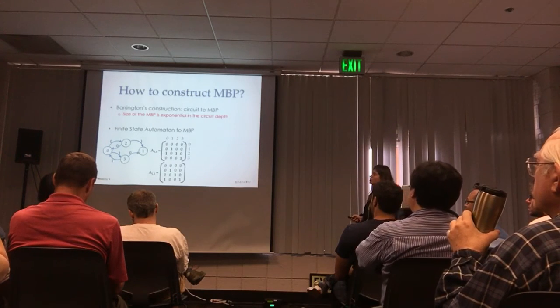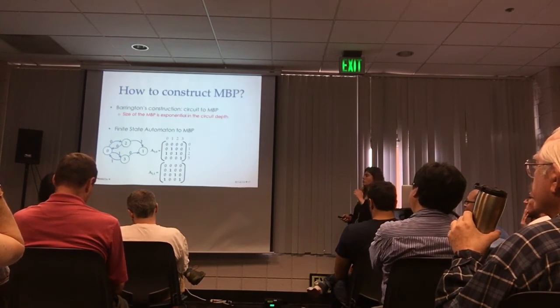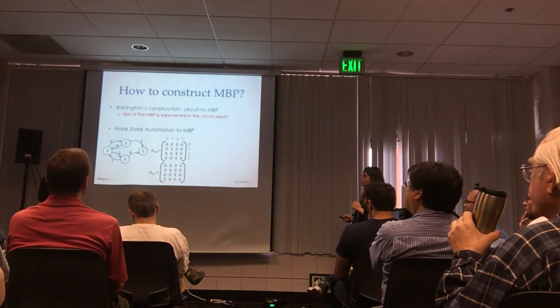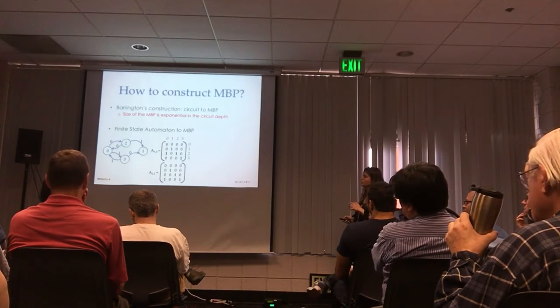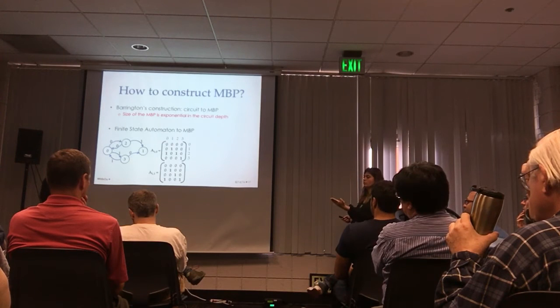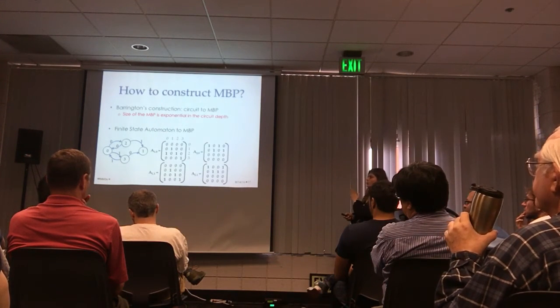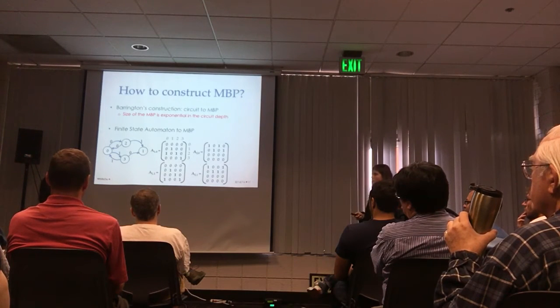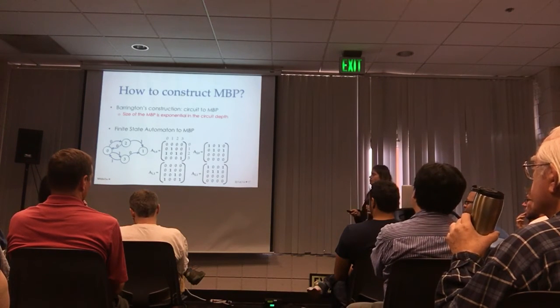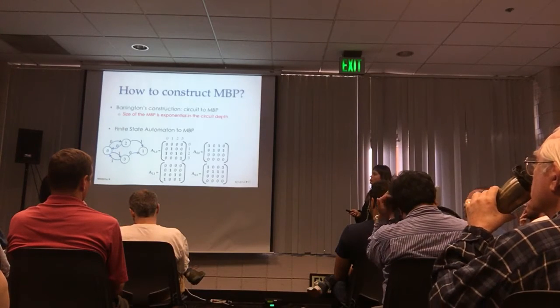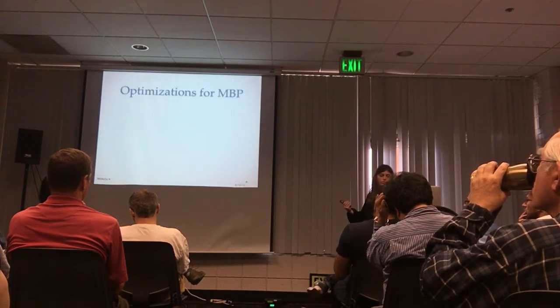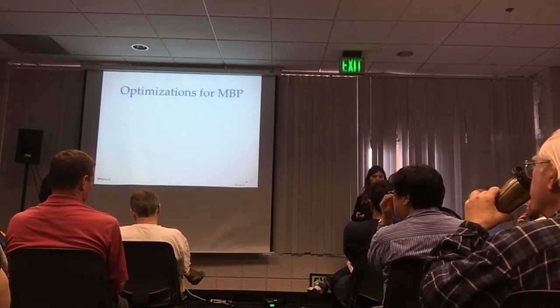So you can figure out which transitions depend on your first input bit, and then write the transition matrices which correspond to whether this input bit is 0 or 1. And you can keep on doing this for all of the input bits of your program. So this is the main idea of transitioning from finite state automaton to matrix branching programs, which we will be using in our implementation.